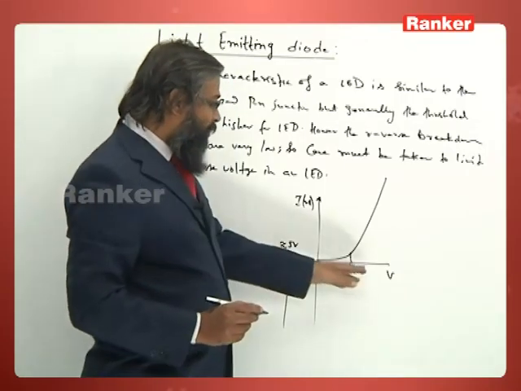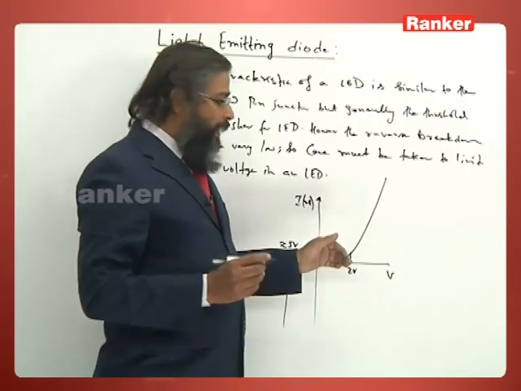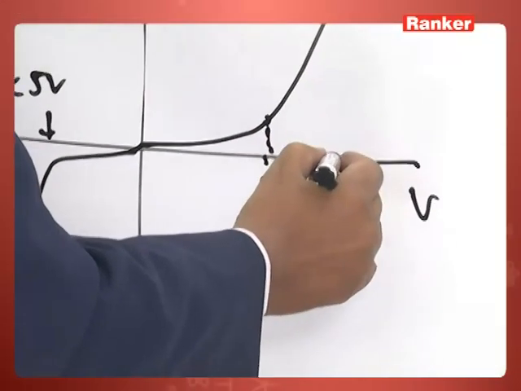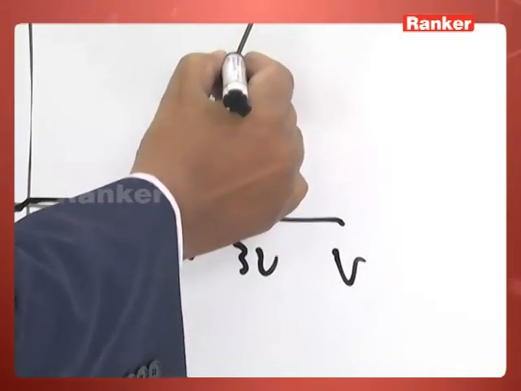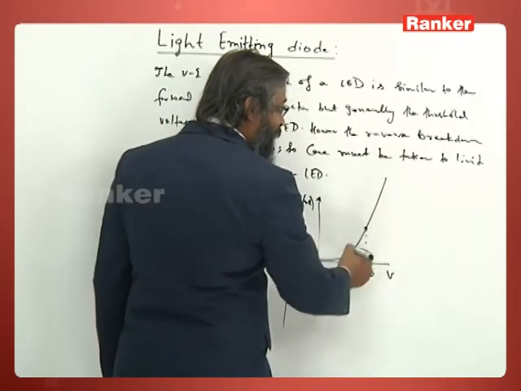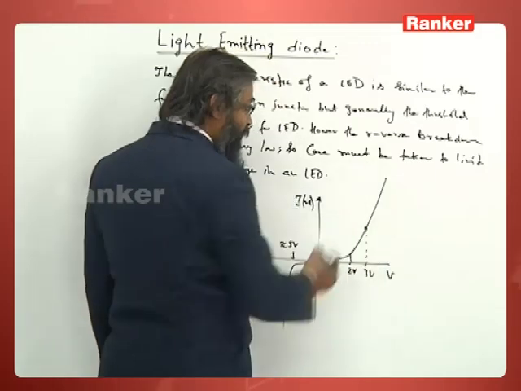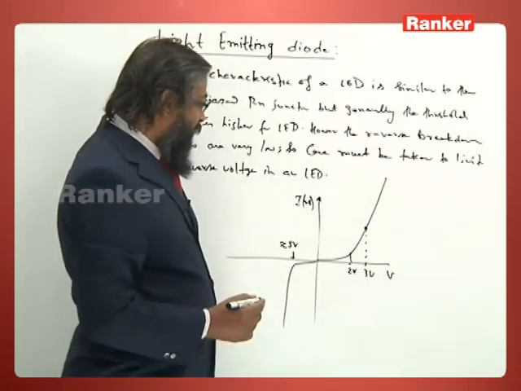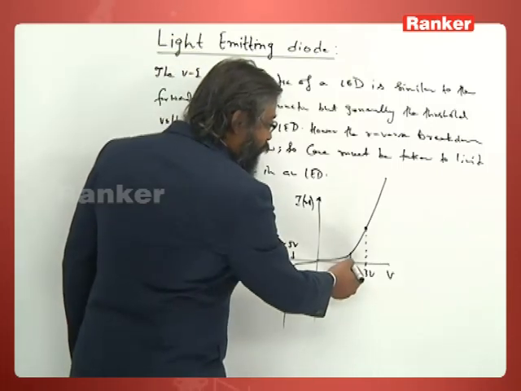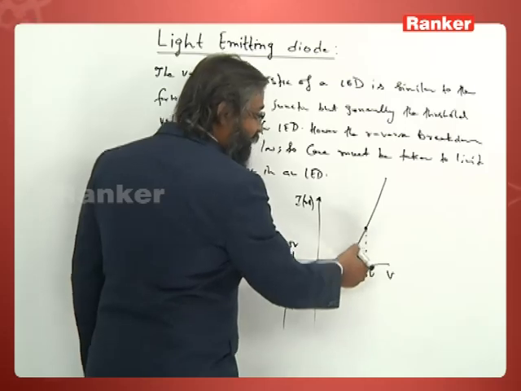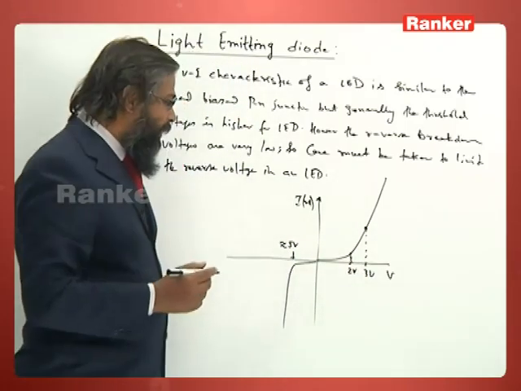That means if we give a proper bias of 3 volts to that LED, then it will begin to conduct, and the current will vary linearly with the voltage. It will be in the linear region. For a low voltage, suppose 2 volts or 1.5 volts, the current is in this region, so its efficiency won't be very good.